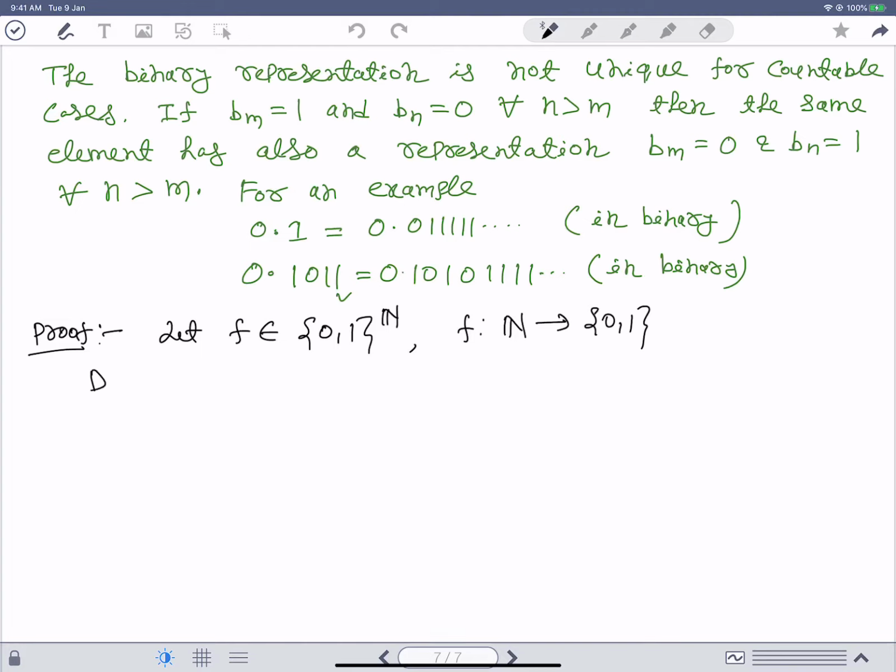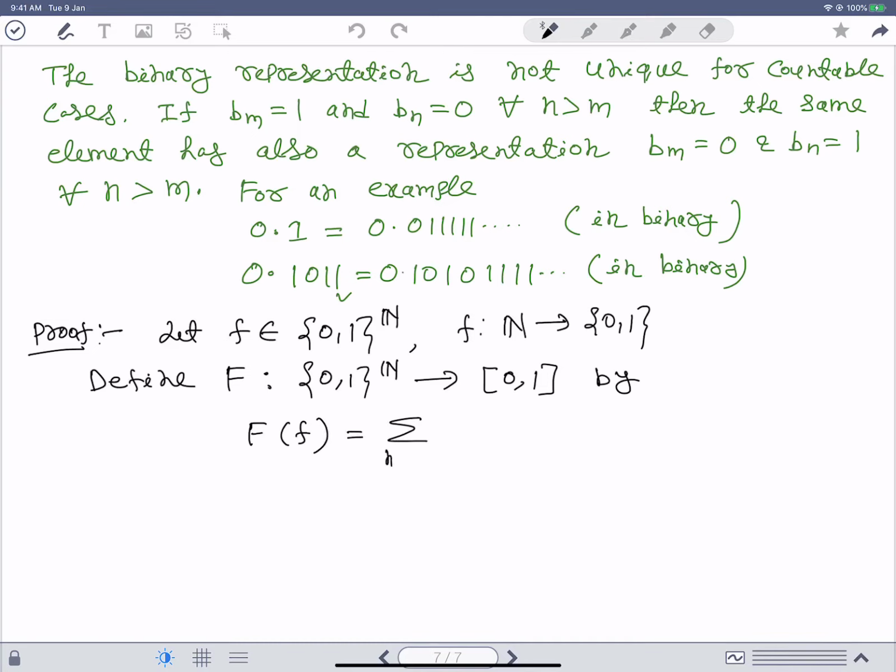Now define a function F from this collection of functions to the real numbers in [0, 1] by F(f) equal to the summation n equal to 1 to infinity of f(n) by 2 to the power n. Okay, so here obviously it is in the decimal sense.